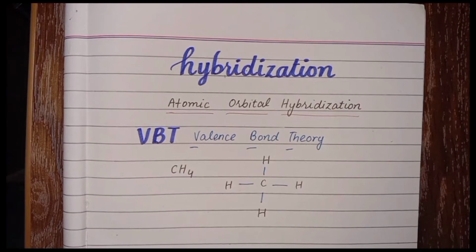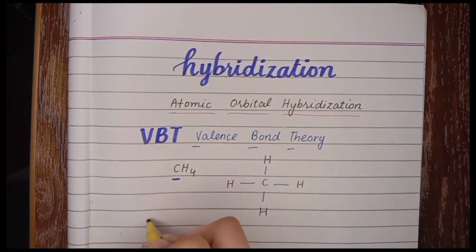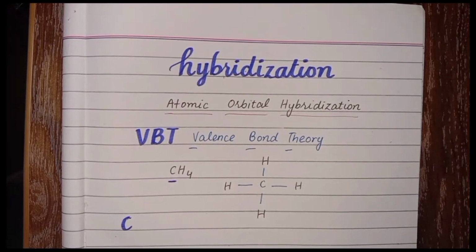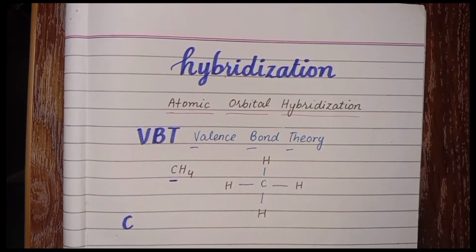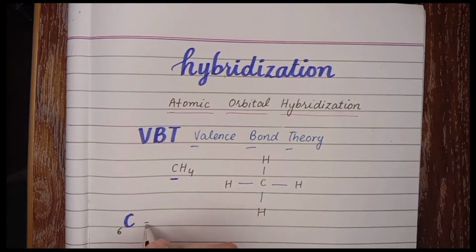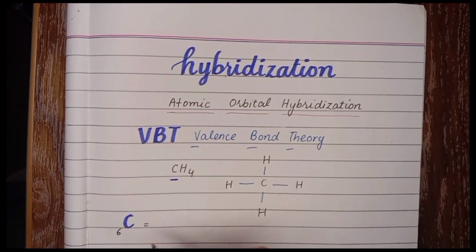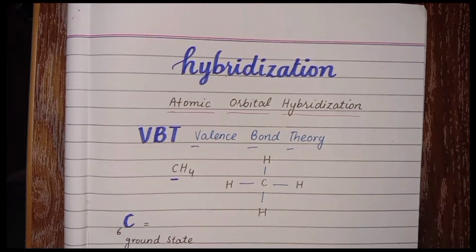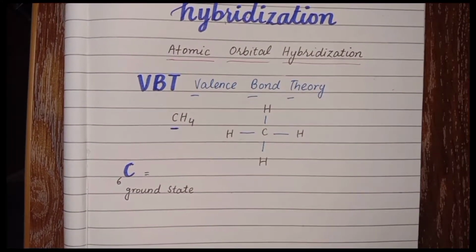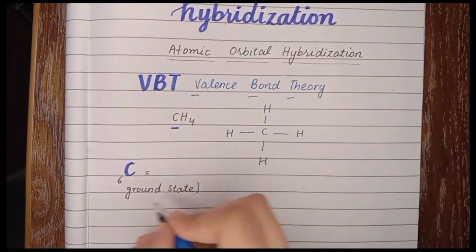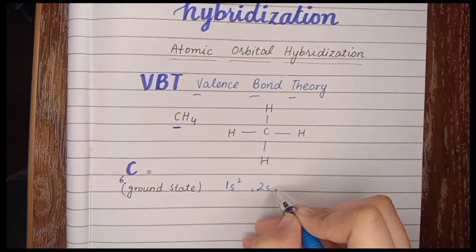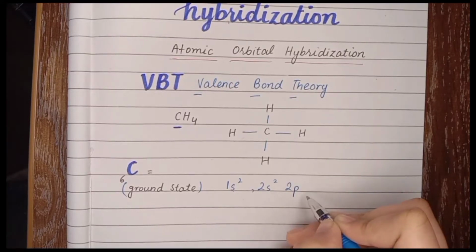To understand those limitations, we need to focus on the structure of CH4. In the structure of CH4, there is one atom of carbon and 4 atoms of hydrogen. Considering the ground state electronic configuration of the carbon atom, we know it is 1s2, 2s2, and 2p2.